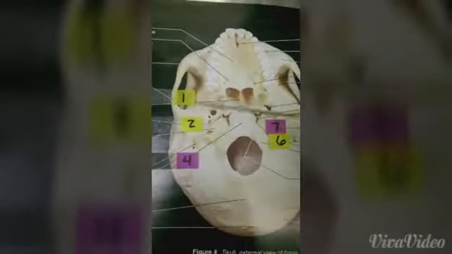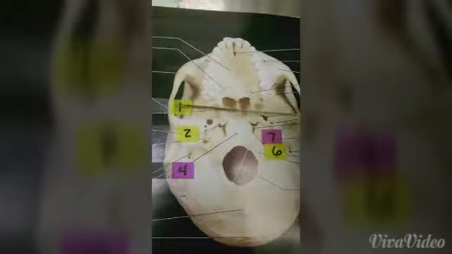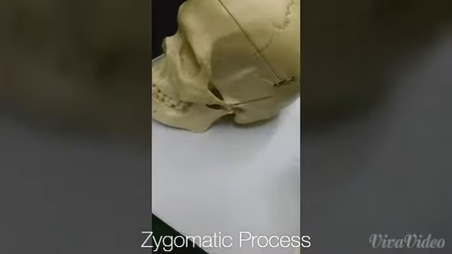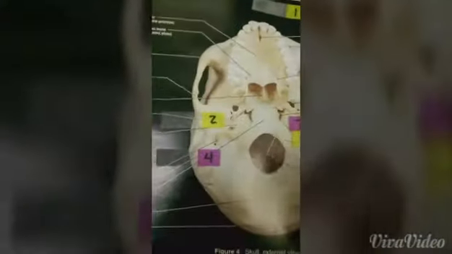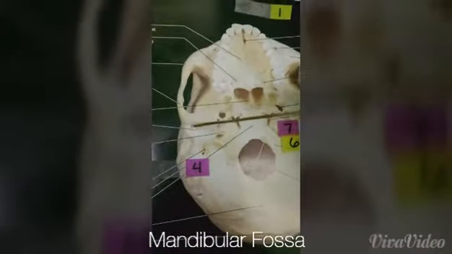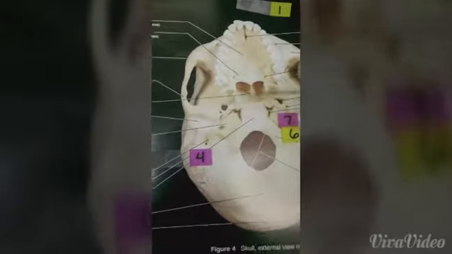On the temporal bone, this part here is the zygomatic process. On the skull, it would be this part here. Going back to the paper one, the mandibular fossa is this part here.